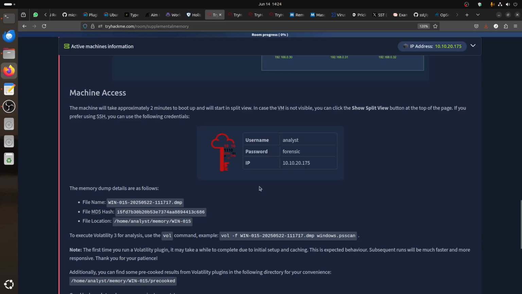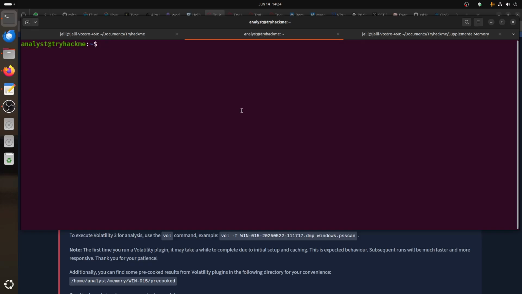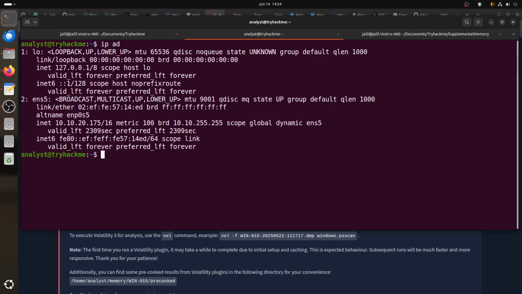They give us machine access, and it's better to access it through SSH. We have the image, we have the MD5. This is the machine, already accessed through SSH.